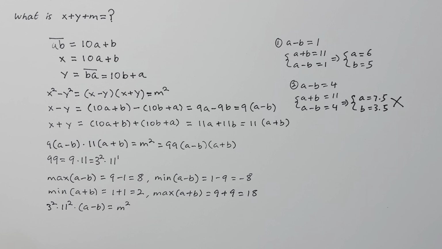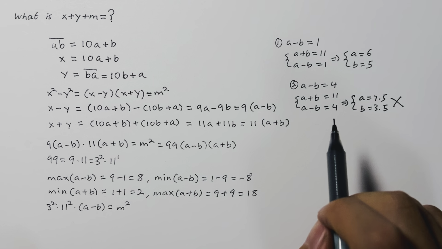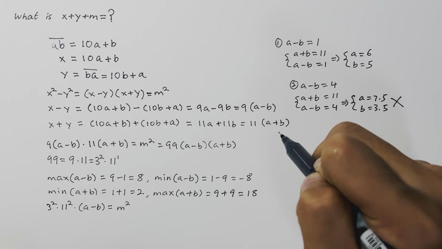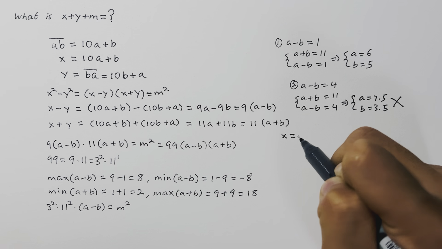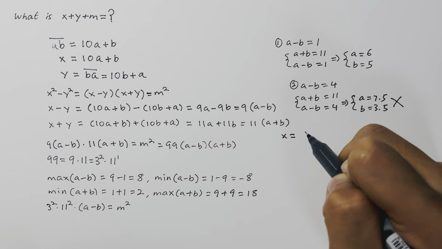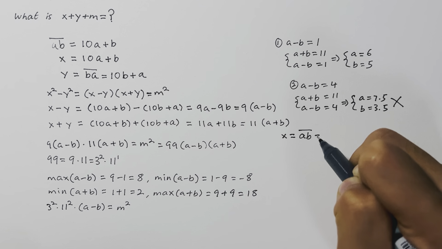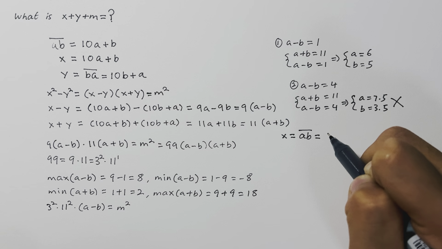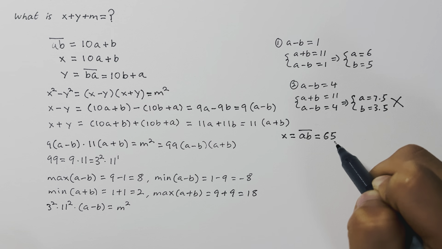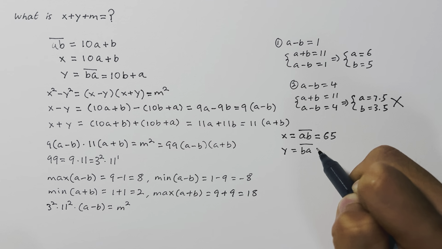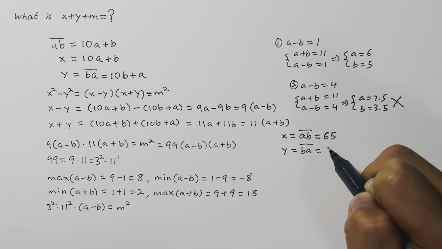And now we have found the digits. So we have to find x, y, and m. We know that x equals to ab, which equals to 65. And y equals to ba equals to 56.